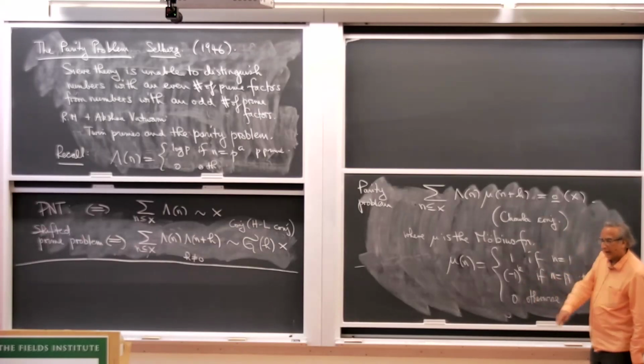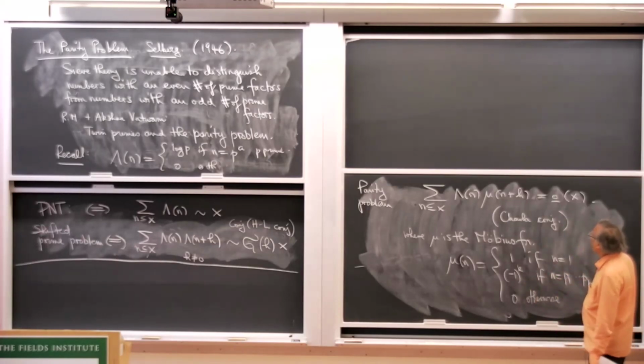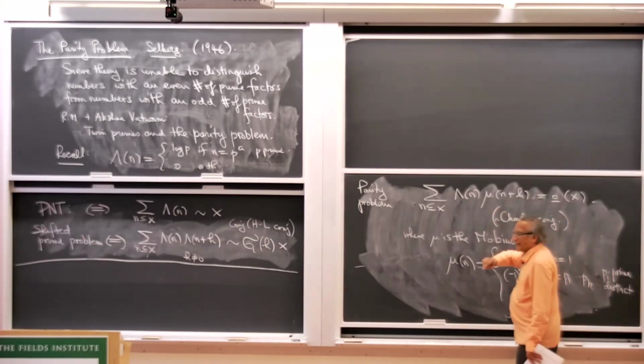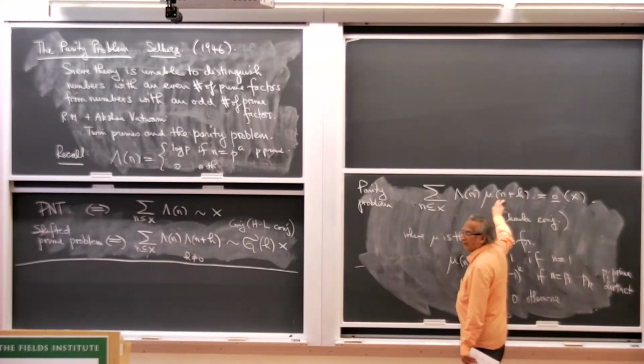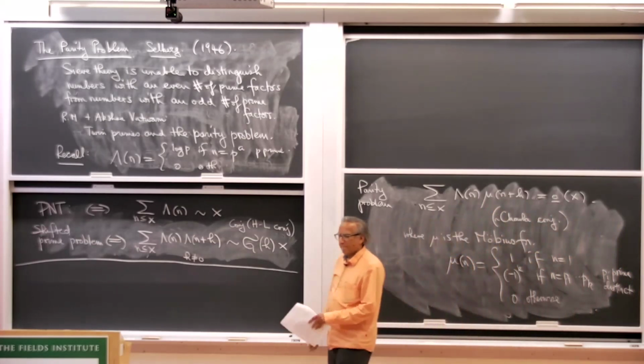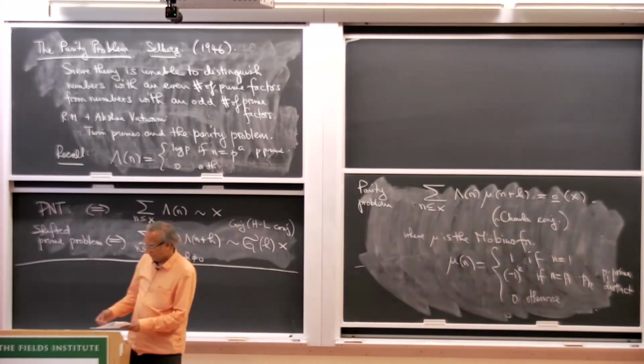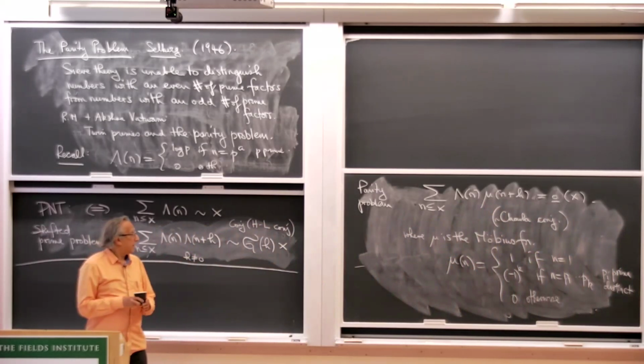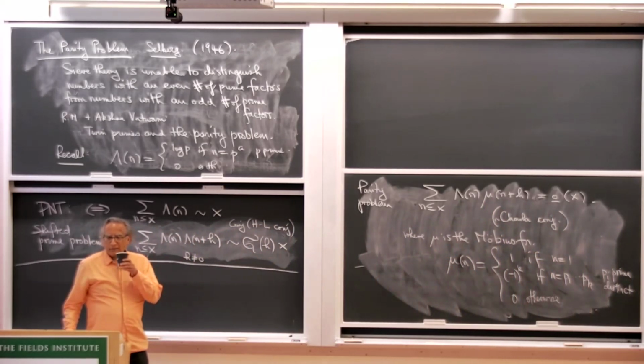You have a question? No, he didn't, Paul. He had the Mobius function, he had mu of n times mu of n plus h. Oh, because lambda of n is already prime, right? Yeah, mu of n is just minus 1.